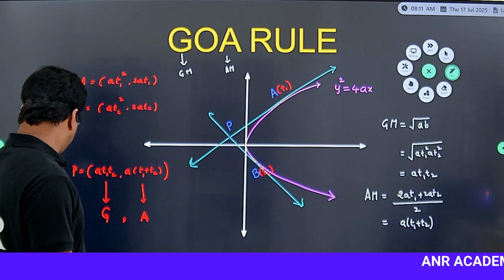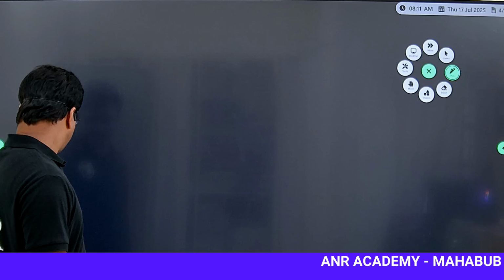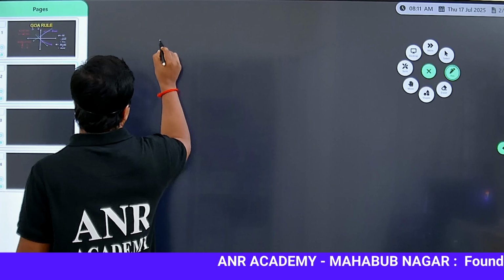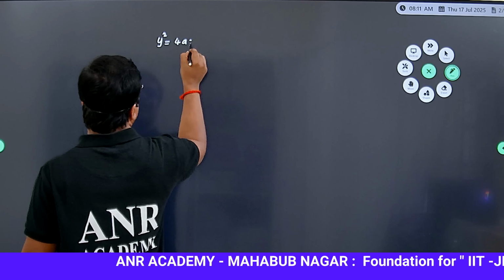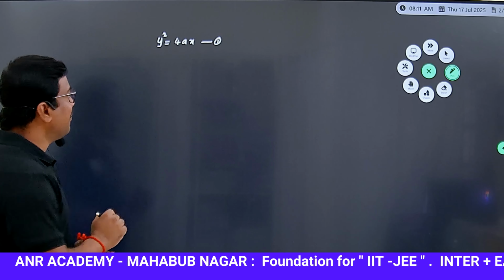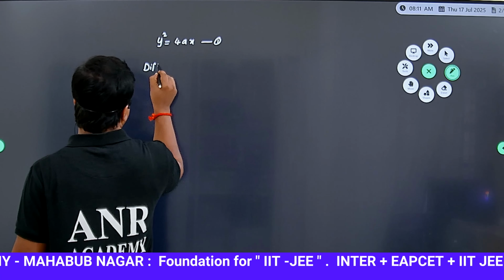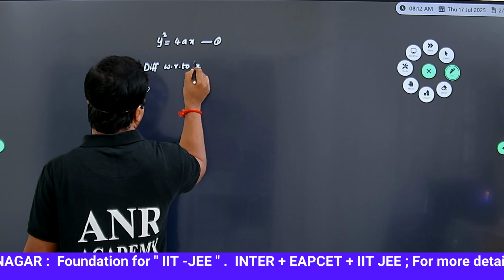Let us see the proof. We know that standard form of parabola is y square equal to 4ax. Differentiate with respect to x on both the sides.